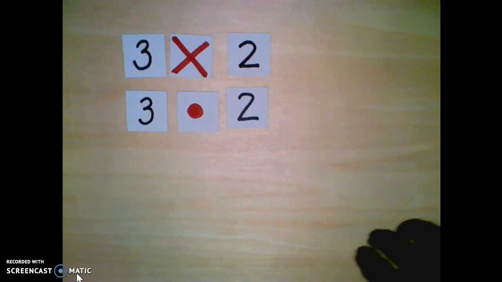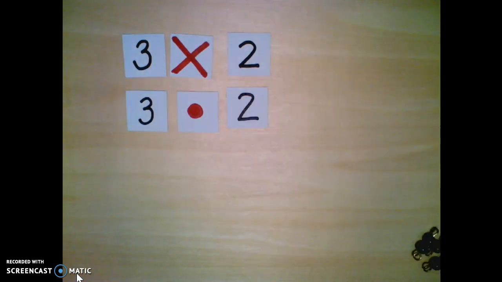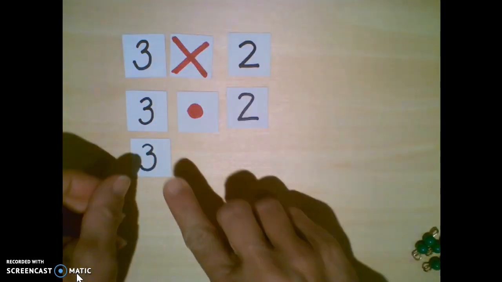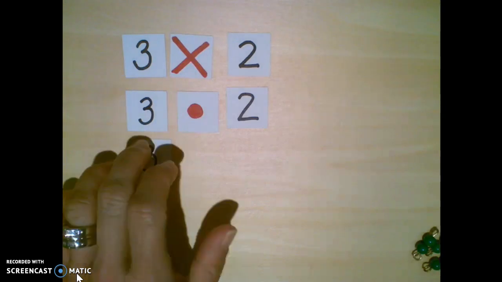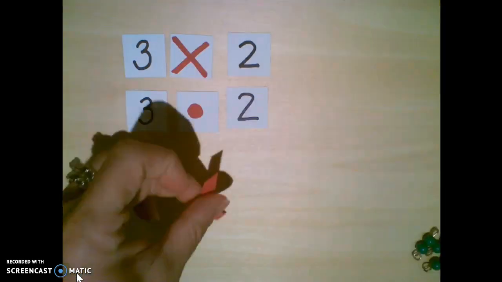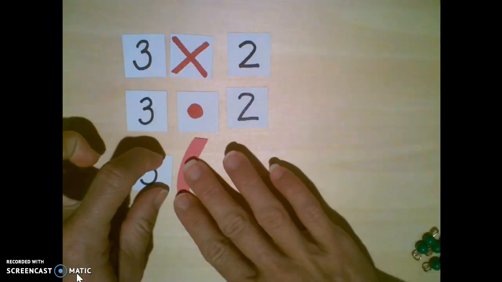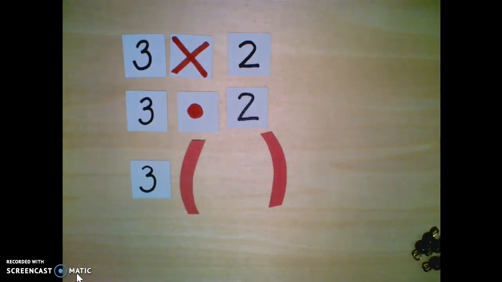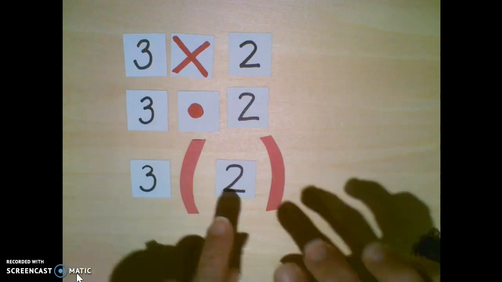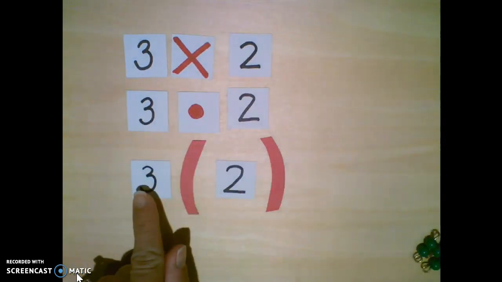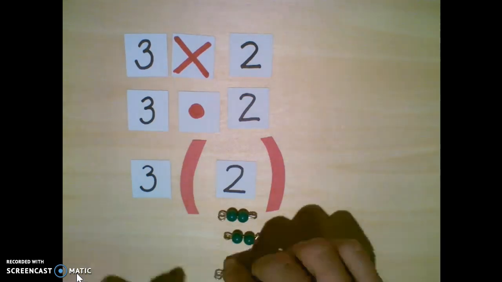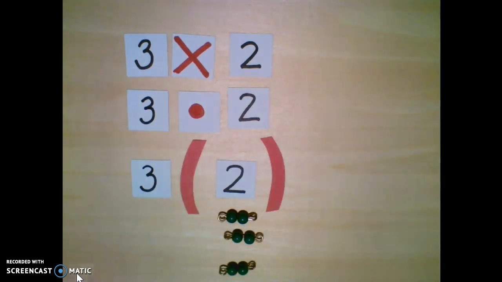Another way we are going to represent multiplication, and this is the way we're going to use it in the distributive property, is with parentheses. If I have parentheses around a number, all it means is that I am multiplying again. I am taking 2 three times, or I need 3 groups of 2. So 1, 2, 3, I get 6.